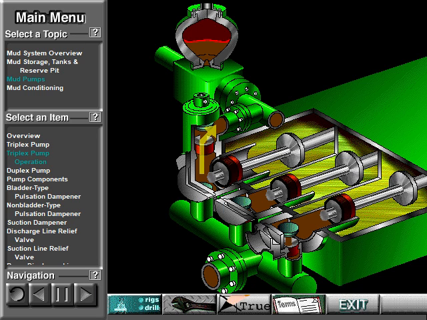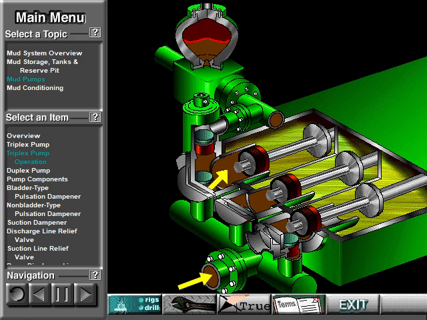It has just completed pushing mud out of the liner and through the open discharge valve. The piston is at its maximum point of forward travel. The other 2 pistons are at other positions in their travel, also pumping mud. But right now, concentrate on the left one to understand how the pump works.